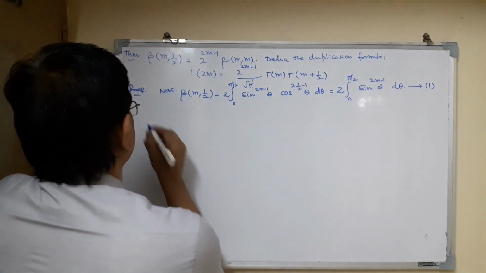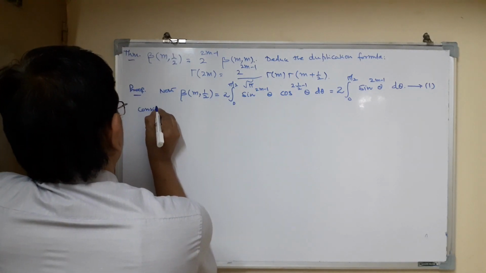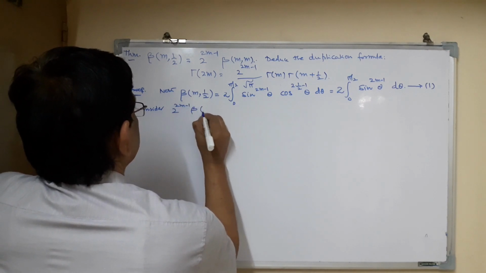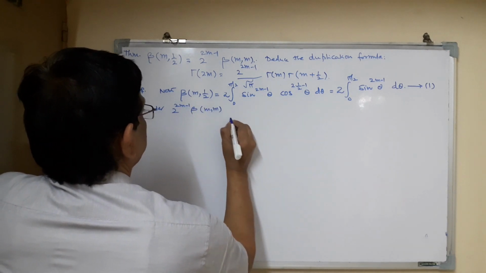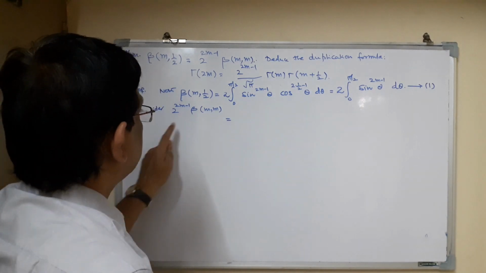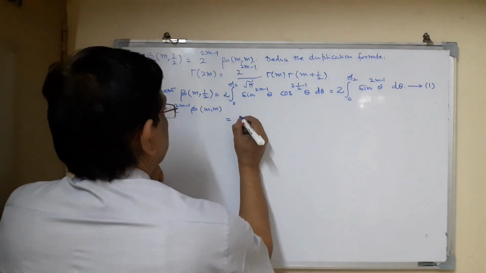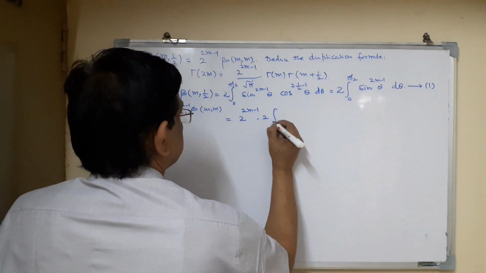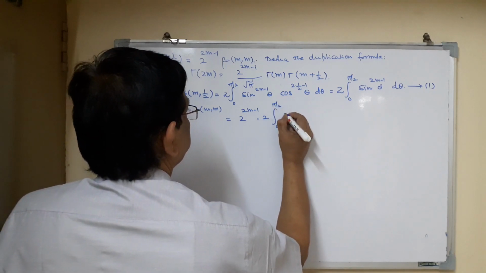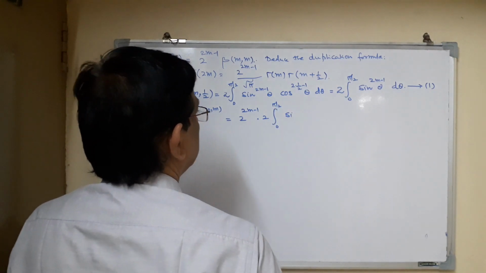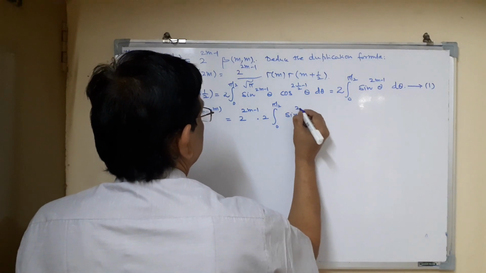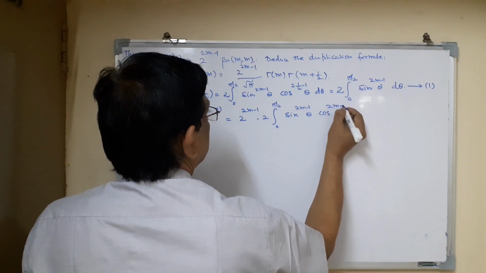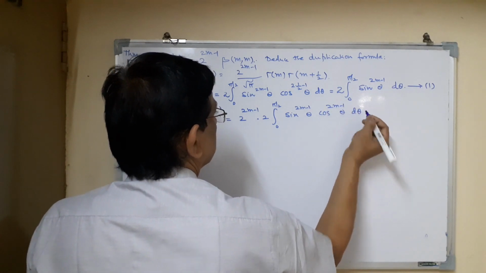Let us consider 2 power 2m minus 1 beta m comma m, which is equal to, I am writing the same formula, 2 power 2m minus 1 into twice integral 0 to pi by 2 sine power 2m minus 1 theta cos power 2m minus 1 theta d theta.